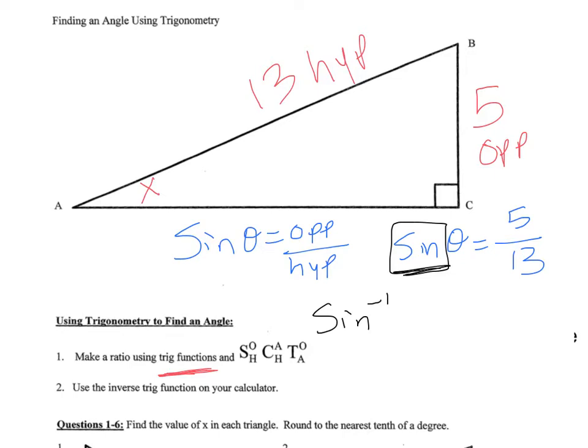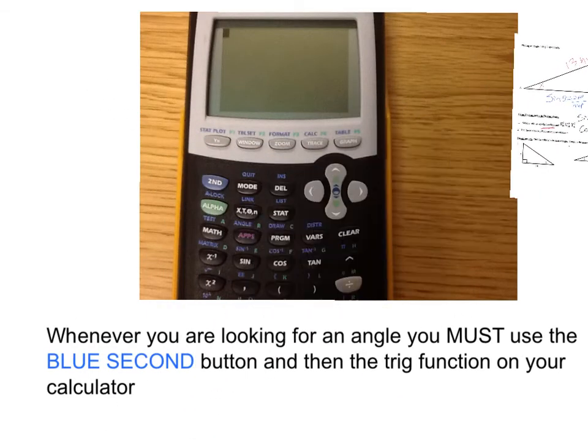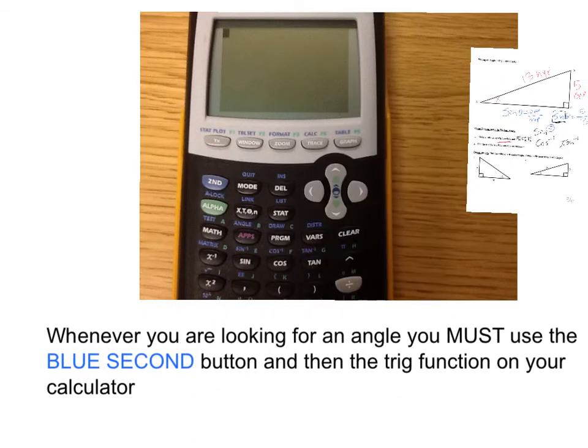This little -1 right here is talking about the inverse. You have an inverse cosine button, and you also have an inverse tangent button. I'm going to show you where it is. On the calculator, you are going to look for this particular inverse sine button. You see it's there in blue, inverse cosine and inverse tan.